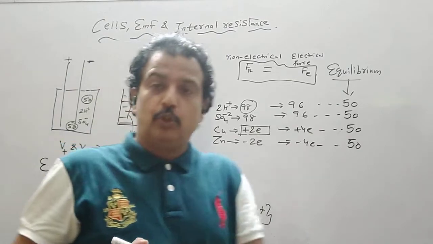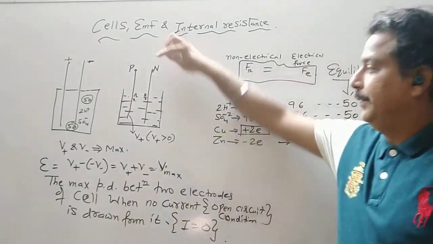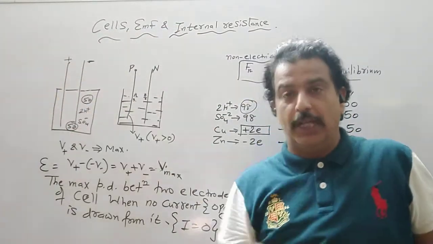According to the book, this V plus is the potential difference between an electrode and an electrolyte.